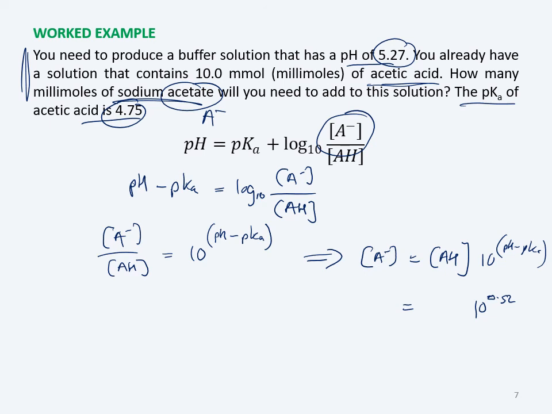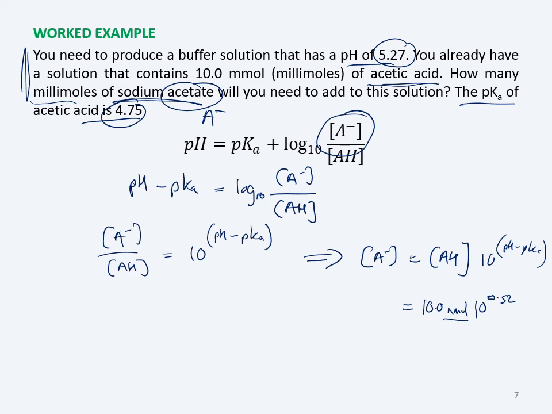But this could be in a liter, so that would then be a concentration, but it doesn't really matter because we want to know how many moles to add. So we've got an amount, not a concentration, so it's 10.0, and we can just leave it as 10.0, just being aware that this is then going to give us an answer in millimole.